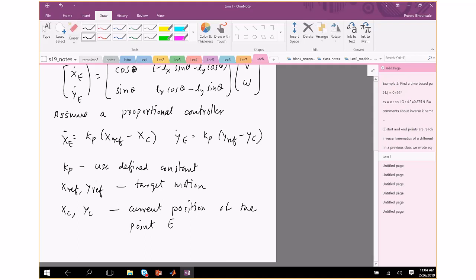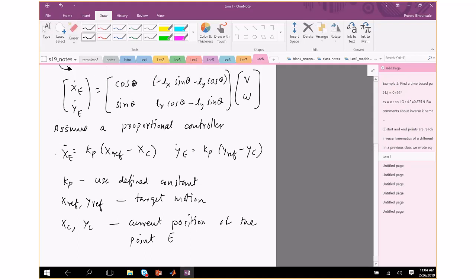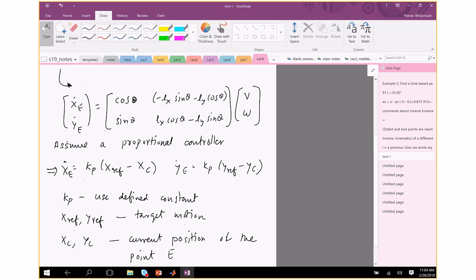Okay, so we've defined this. What we need to do now is figure out the speed of the car, how the left and right wheel move. So the last step is put this in that expression and solve for v and omega, because v and omega are the things we can control. v and omega determine the speed of the car. So this is number 3.